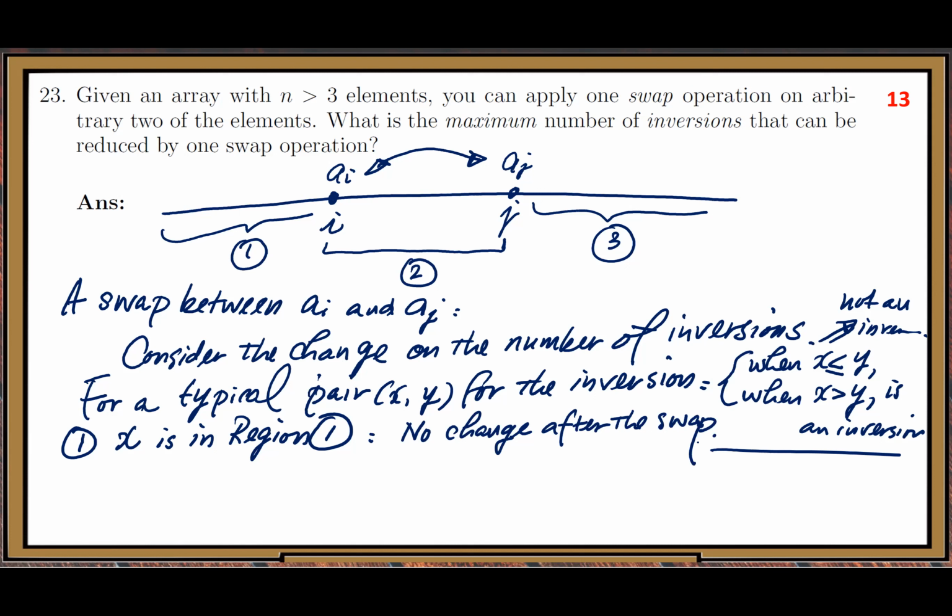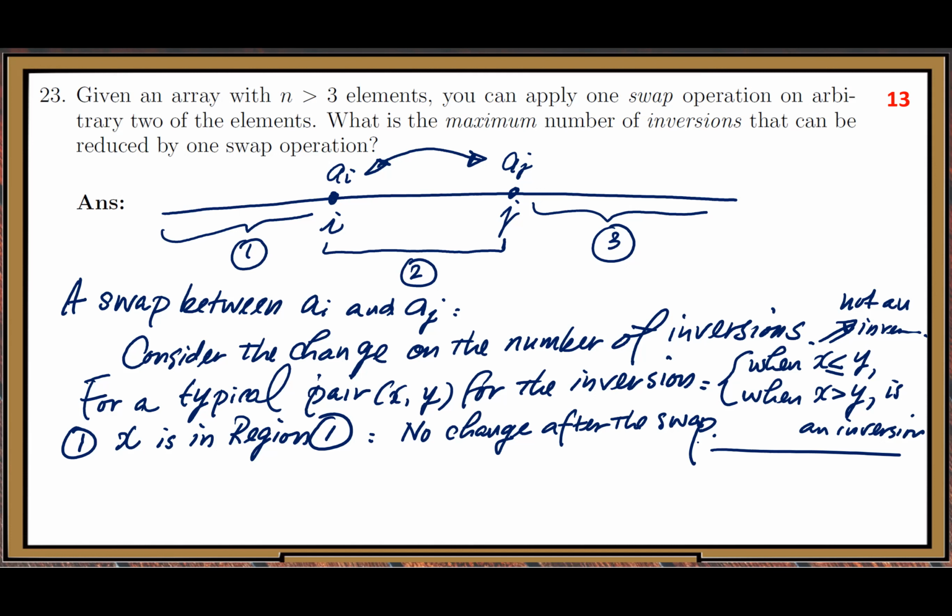Where X is in region 1: if Y is in region 1, before the swap and after the swap, the inversion status has no change. Can you see it? If Y is in region 2, consider the inversion status in the XY pair before and after the swap, is there any change?